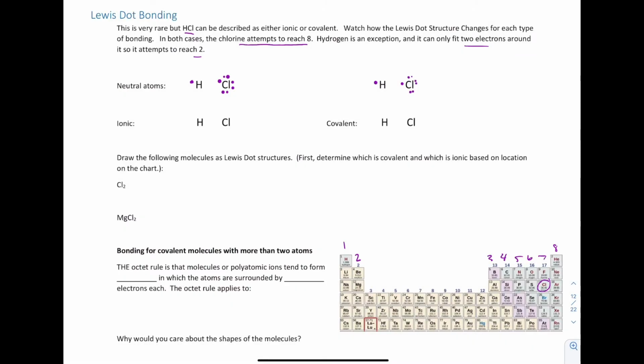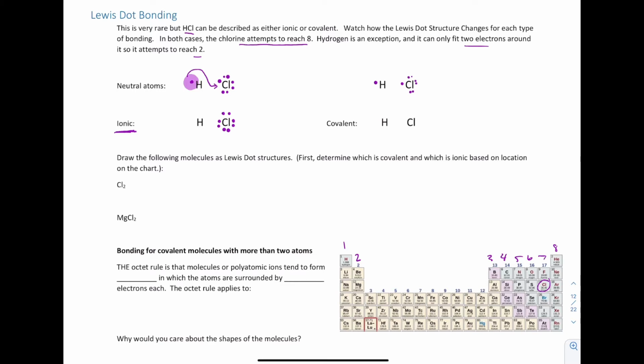So for an ionic bond, remember ionic bonds are about transferring electrons. And so what has to happen with the ionic bond is that this electron right here has to be transferred to that chlorine atom. So you end up with a total of 8 electrons around the chlorine, and hydrogen ends up with no electrons.